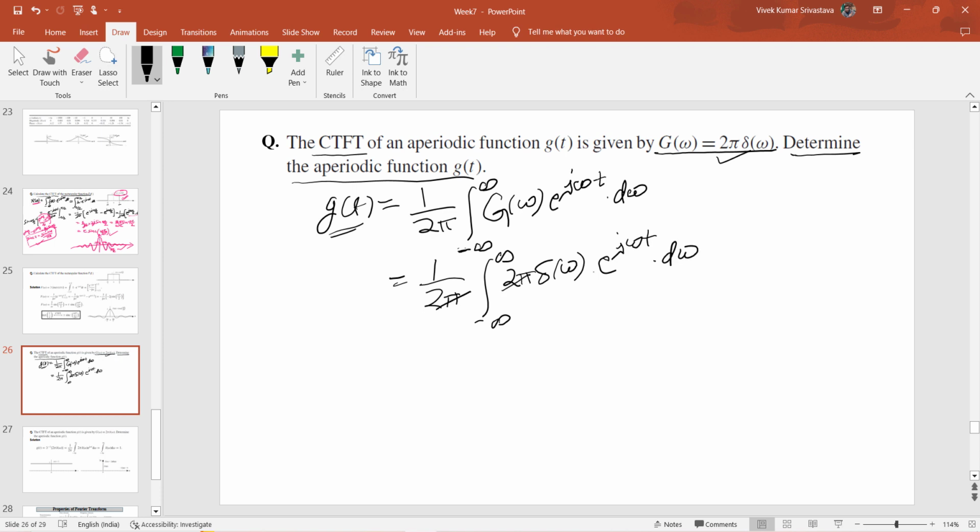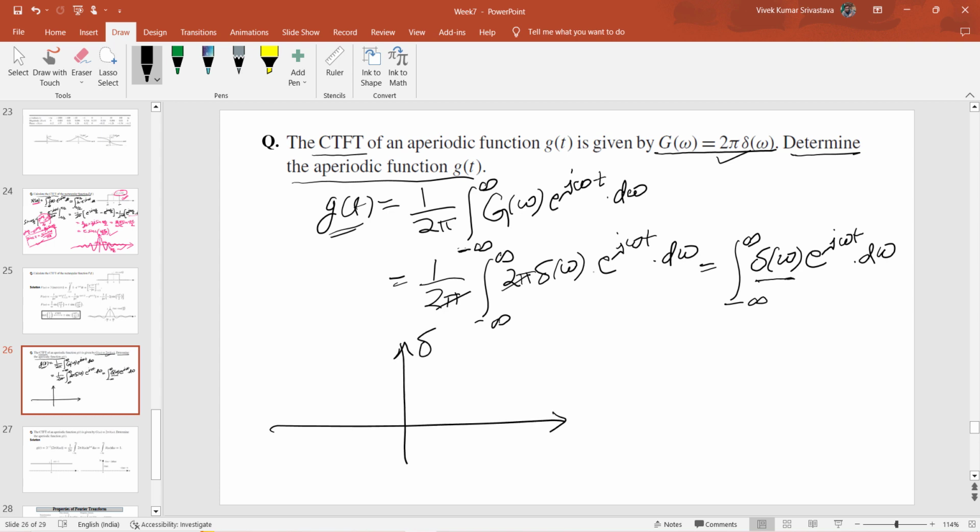The 2 pi and 2 pi will cancel from numerator and denominator, and you will get the integral from minus infinity to infinity of delta of omega e raised to the power j omega t d omega. Now, if you plot delta of omega with respect to omega, you can see that it is defined only for omega equal to 0.